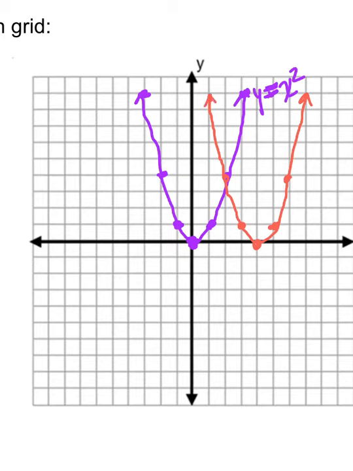And so there is my y equals x minus 4 as a quantity squared.